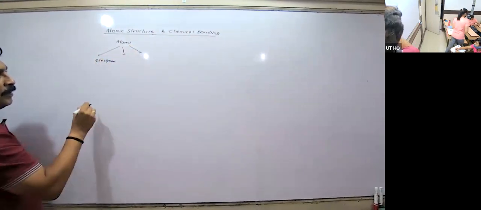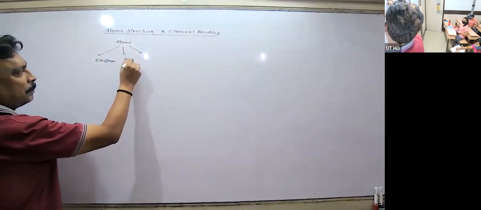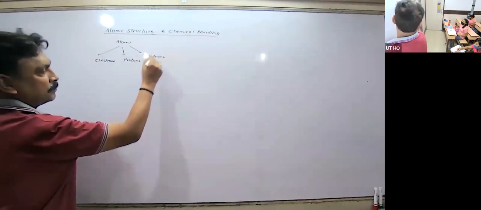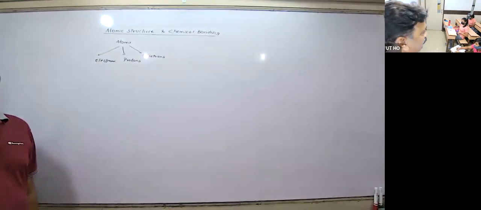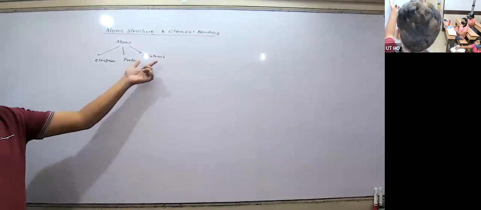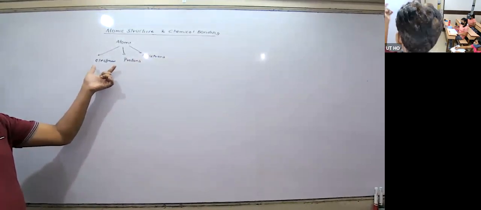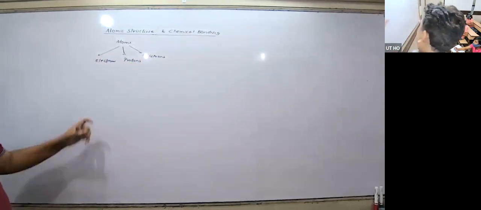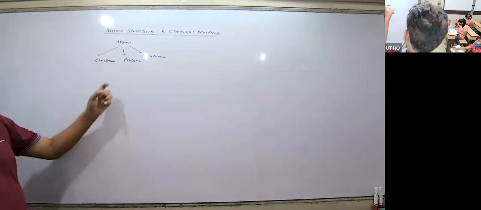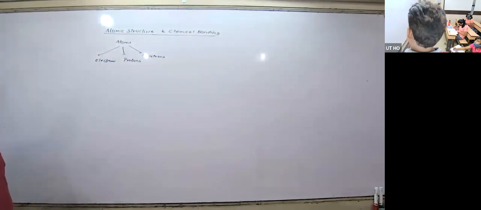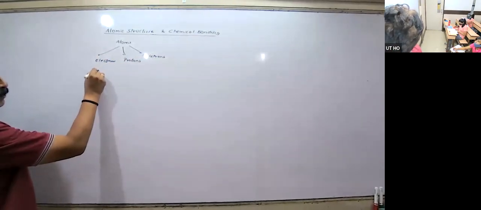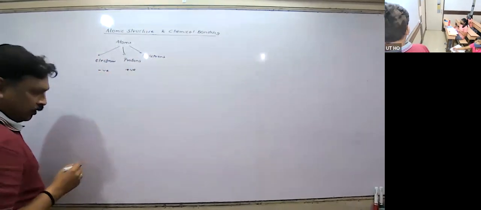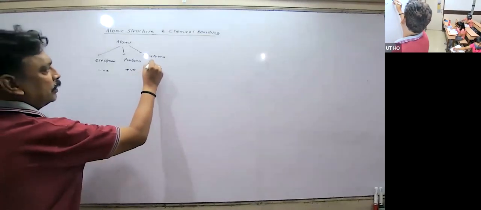Atoms are actually having 3 universal particles, and of course hydrogen is not having a neutron, but mainly they are having electrons and protons. Electrons are negatively charged particles, protons are positively charged, and neutrons are neutral.